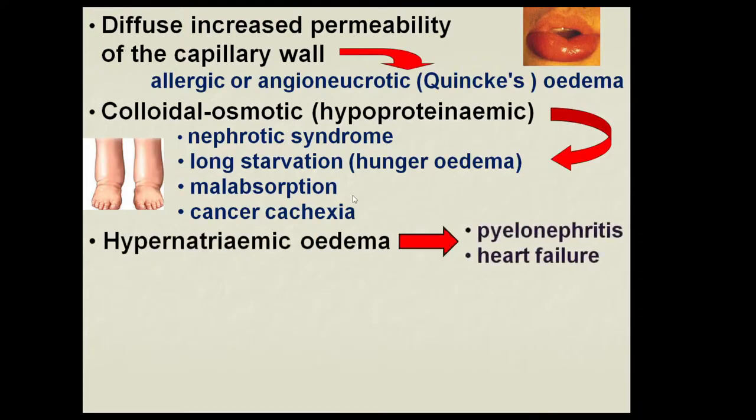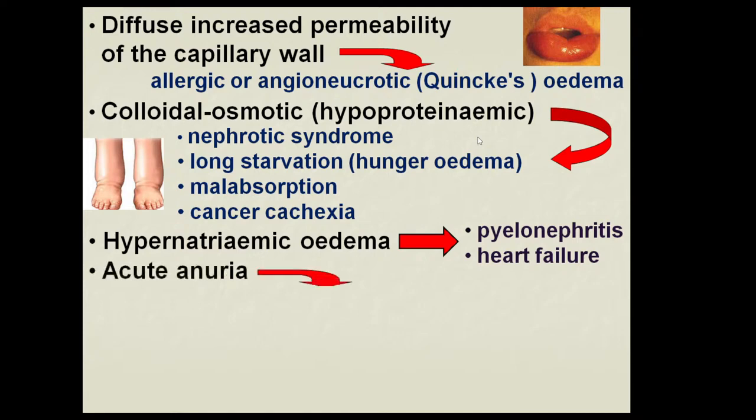Hypernatremic edema is characteristic for patients with pyelonephritis and heart failure. Such edema is released with diuretic medicine, in contrast to hypoproteinemic edema, which cannot be released before correction of albumin, before normalization of oncotic pressure.